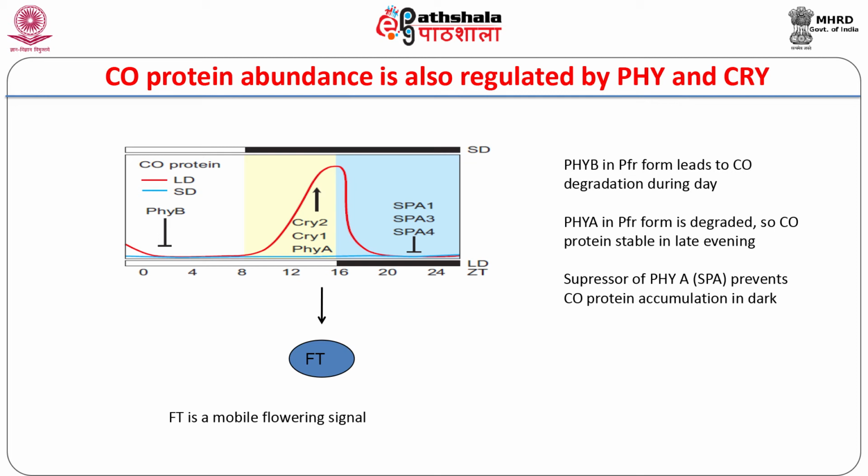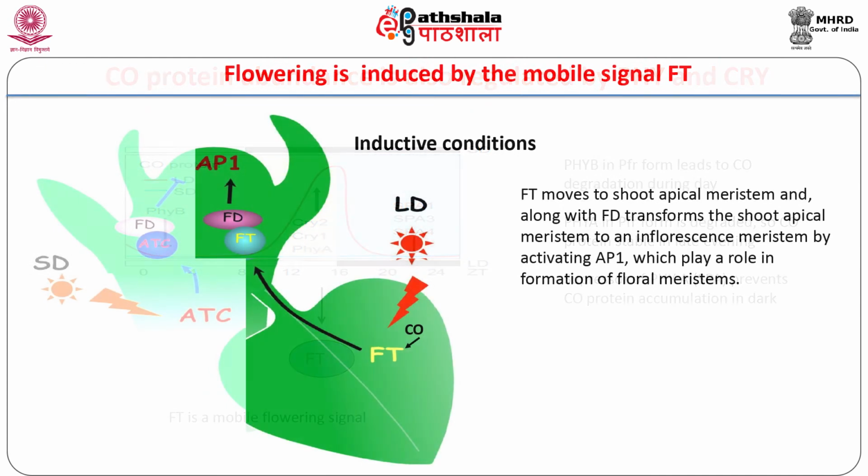After phytochrome and cryptochrome regulate the expression or stability of CO in the leaves, which are the organs of photoperiod perception, CO activates the expression of a transcription factor called flowering locus T or FT, which is a long-distance signal for transition to flowering.